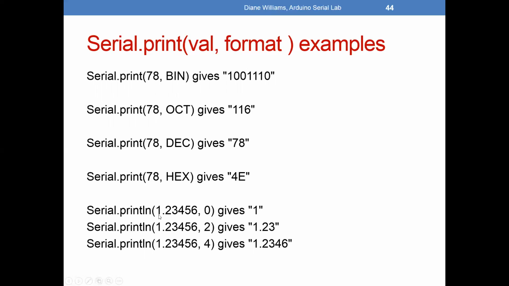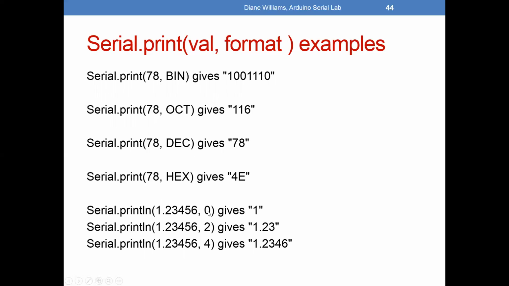Now here, if we're using a floating point number, and I should have been consistent, this says print, but println adds a new line character to this. The second argument, 0, says print out 0 decimal places. So with integers, this argument controls the base that they're displayed in.